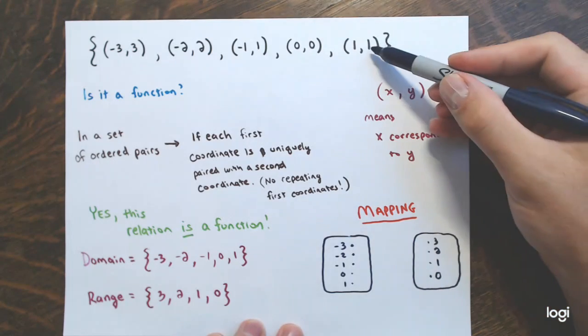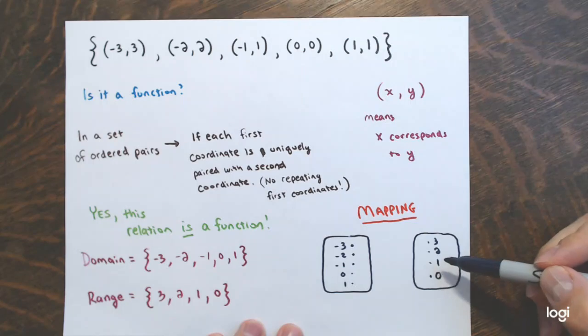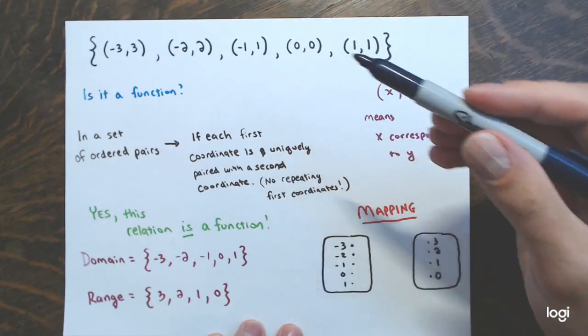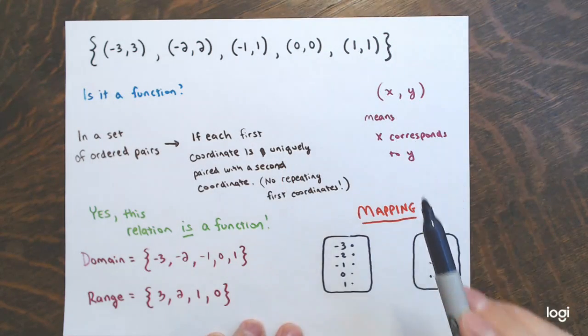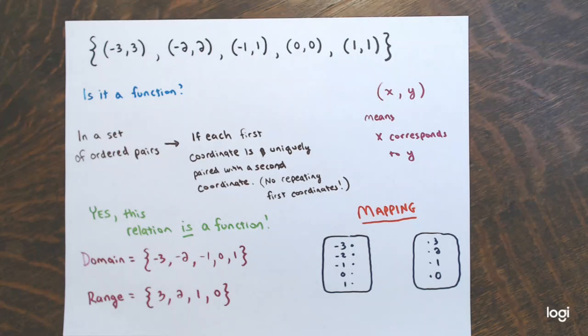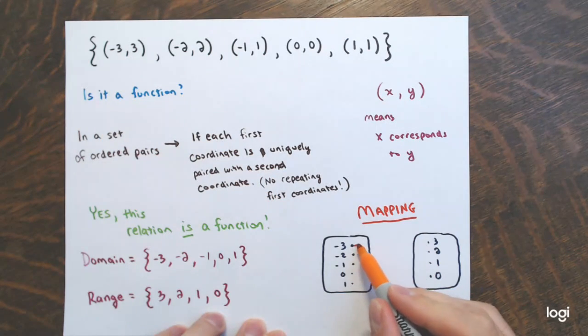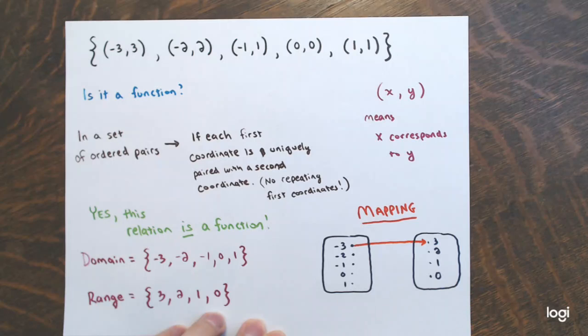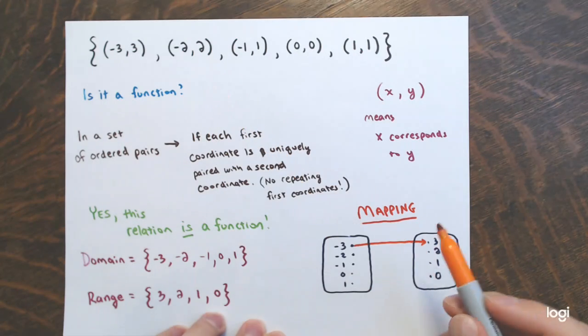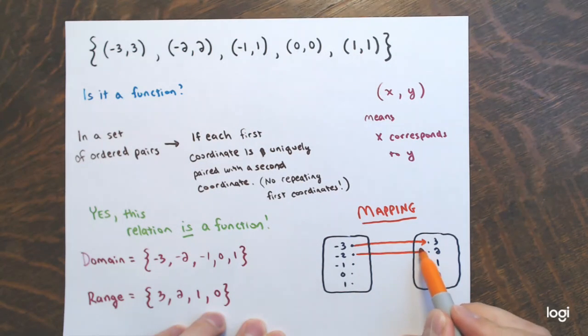And again, I don't need to write 1 again. I've already mentioned that 1 is a second coordinate here. And then the arrows indicating the relationships. So negative 3 in the first set corresponds to 3 in the second set. Negative 2 corresponds to 2 in the second set.